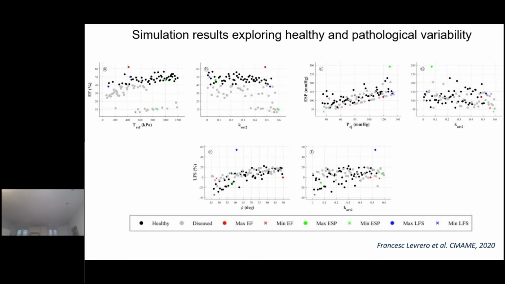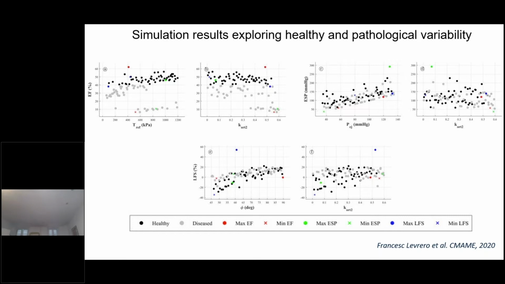This was recently published this same year. This is a slightly complicated plot, but you can see the difference between the darker dots and the lighter gray dots. These are for values of cardiac parameters that represent a healthy heart, that would be the darker dots, and the others represent disease.